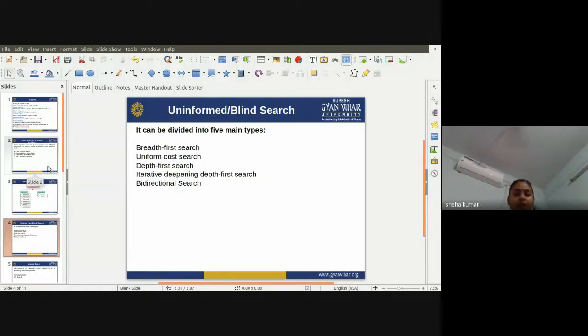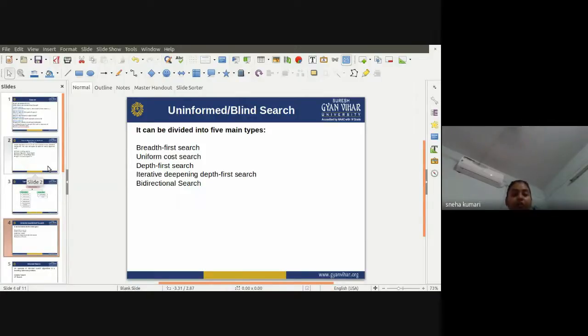So it operates in a brute force way, as it only includes information about how to traverse the tree and how to identify leaf and goal nodes also, right? Uninformed search applies a way in which the search tree is searched without any information about the search space, like initial state, operator, and test for the goal.